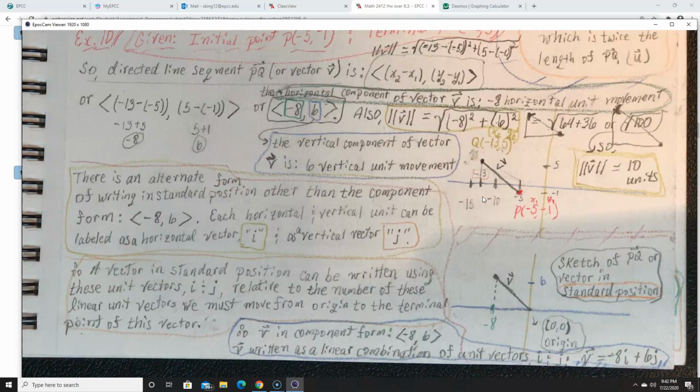So we don't really need that definition, but that's what they typically say. The vector: you move the initial point of a directed line segment to the origin, and then move it the same way that the directed line segment moved. In this case, 8 units left, 6 units up. Now draw that from initial to terminal. And now that is called the vector that represents this directed line segment, this directed line segment, this one, all of them.